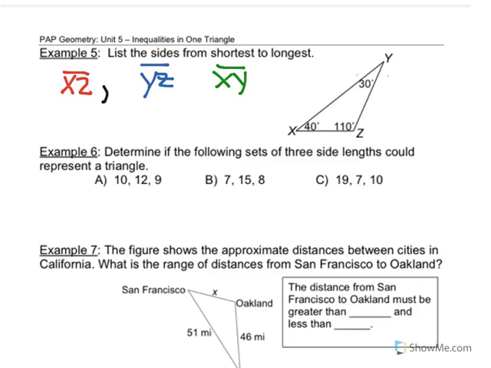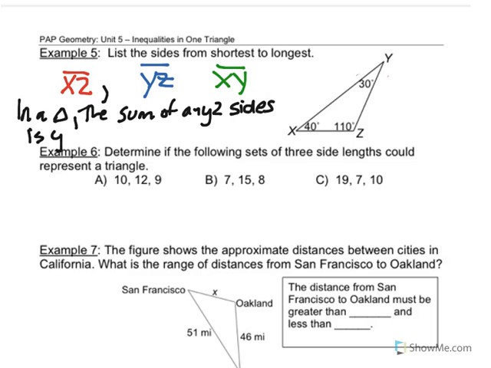Anyway, here's the theorem. In a triangle, the sum of any two sides is greater than the third side.